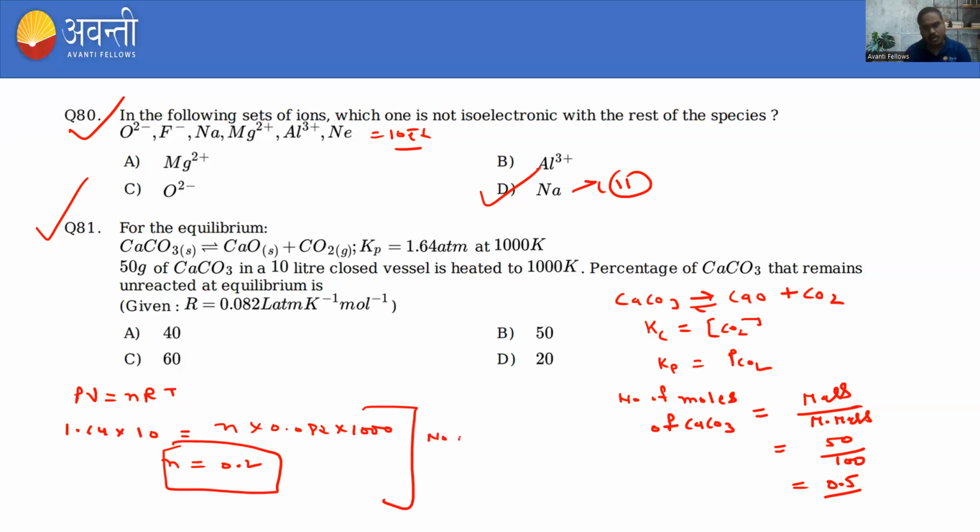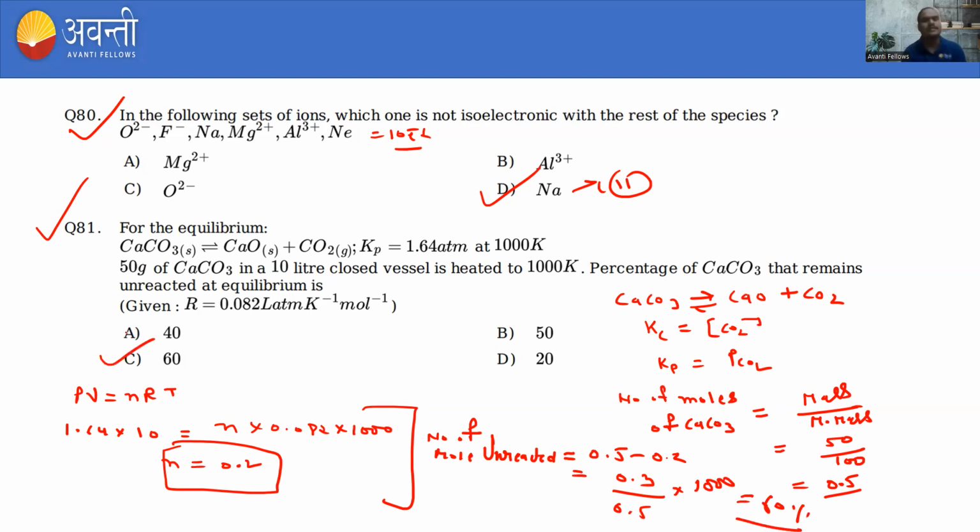So the number of moles reacted is nothing but 0.5 minus 0.2. So it comes out to be 0.3. So in terms of percentage, 0.3 का percentage कितना होगा? So 0.3 divided by 0.5 total into 100. So it comes out to be 60%. So the correct option is C. That is 60%. ठीक है?